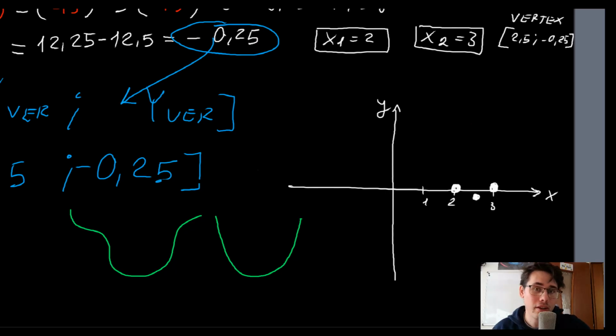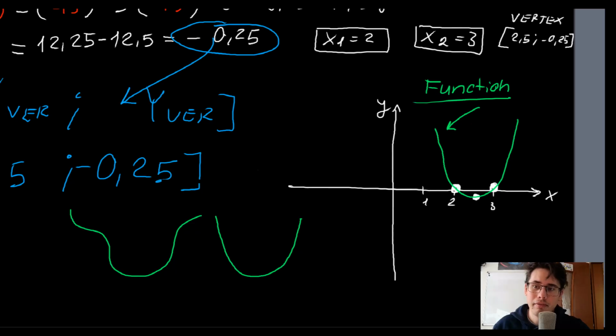It cannot change the shape. So it will look something like this. Okay, now this is our function right here. And that's about it.